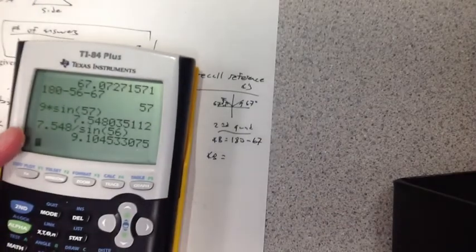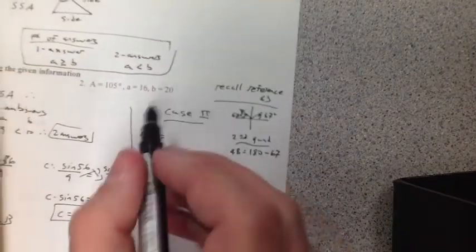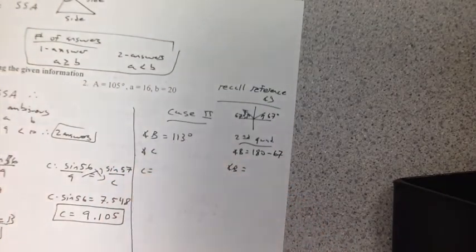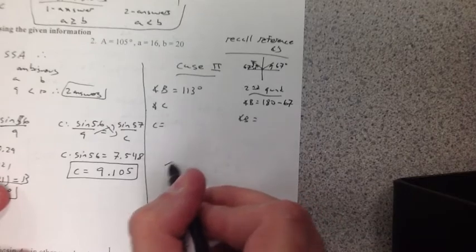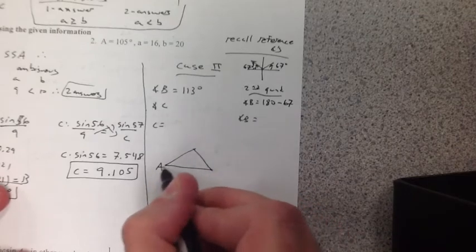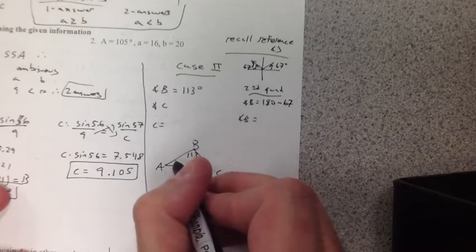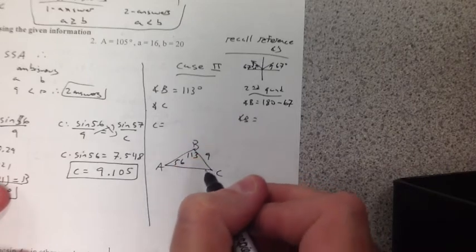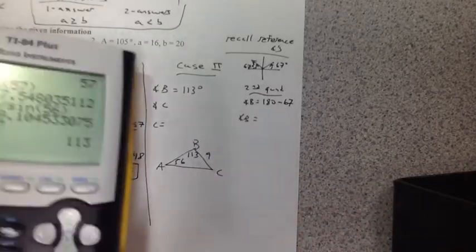So I just take 180 minus 67, and we get 113 degrees. So if I draw my picture again, not perfectly to scale, A, B, C. B is now 113. Remember, A is still 56, and this is still 9. And now we can get our angle C right down here below.